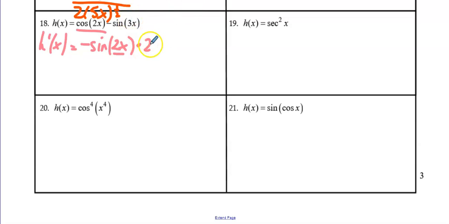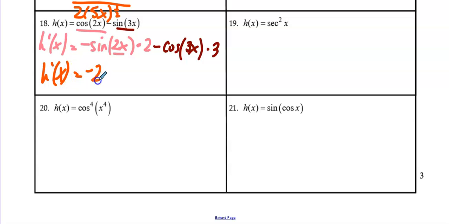And then we're going to go ahead and do minus. We're going to look at the derivative of this. Well, the derivative of sine is positive cosine. We're going to leave the 3x alone, and then we're going to multiply by 3. So this final answer for this one here is just going to be negative 2 sine of 2x minus 3 cosine of 3x. Straightforward, very simple.